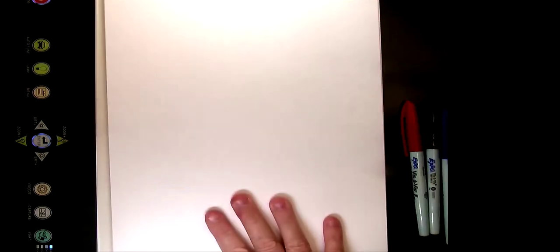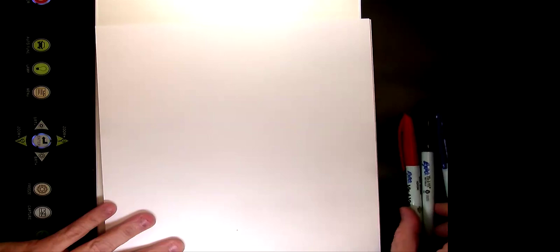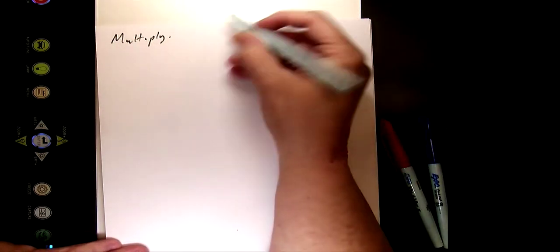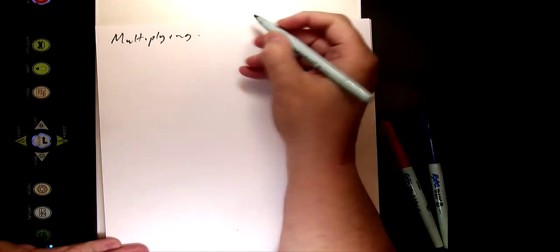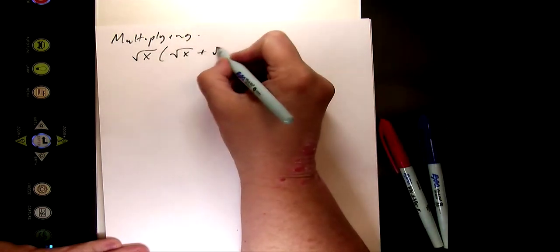Alright. Power. We actually showed multiplying some of that stuff. Let's kick up multiplying a little bit more. Let's say we have the square root of x times the square root of x plus the square root of 3.